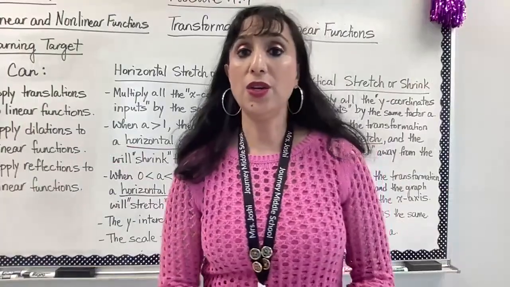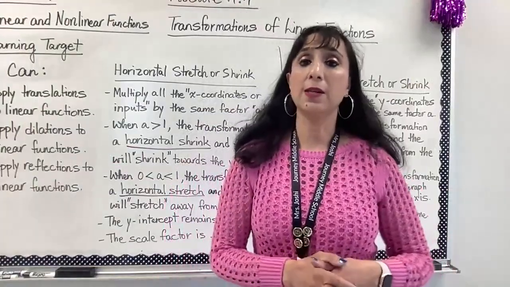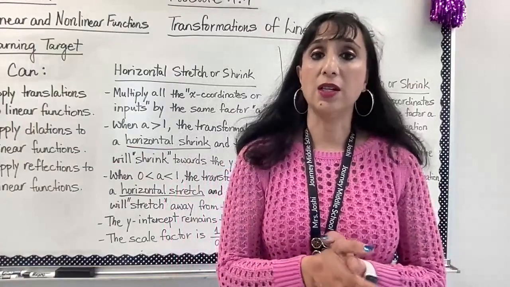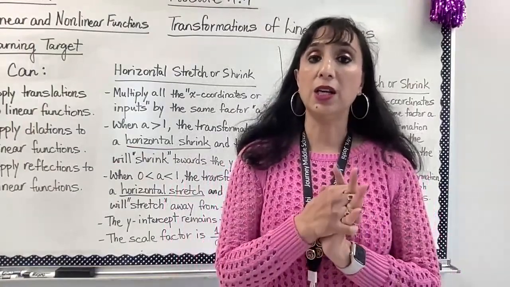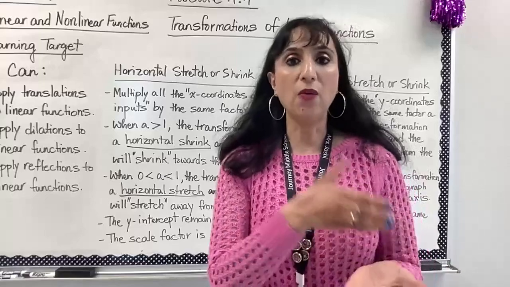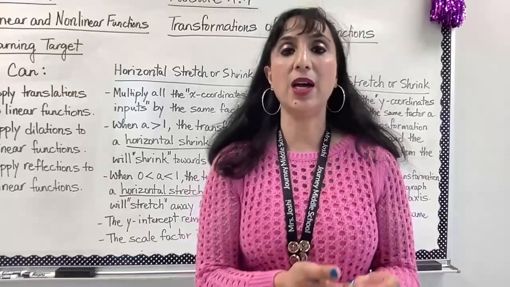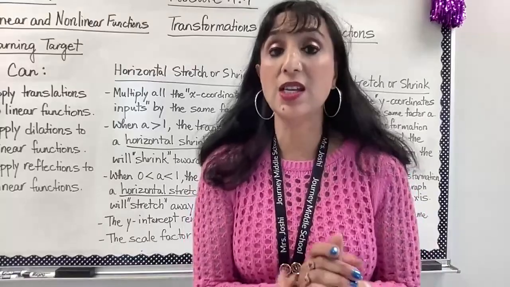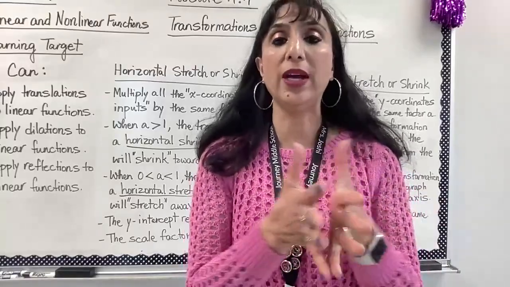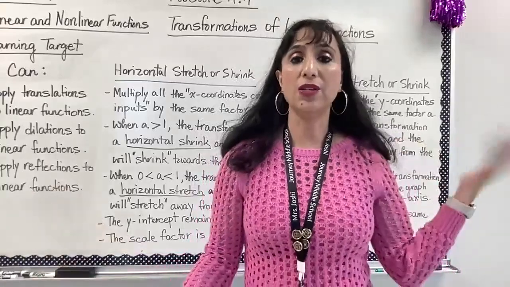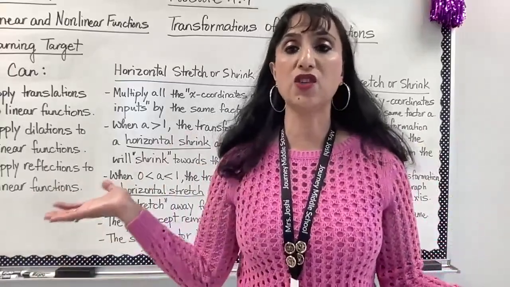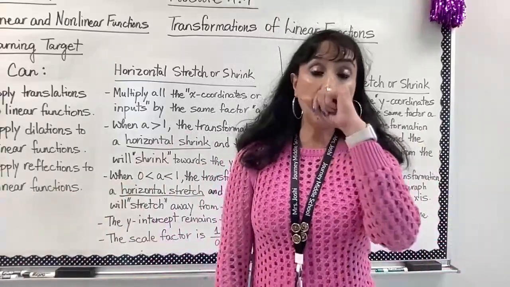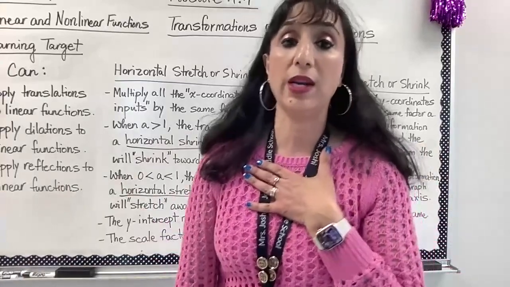So I just showed you some examples of your dilations, the horizontal and the vertical dilations. So before we wrap up this lesson on just dilations, let me show you the quick comparison between horizontal and the vertical stretch or shrink. So let's look at the horizontal one.